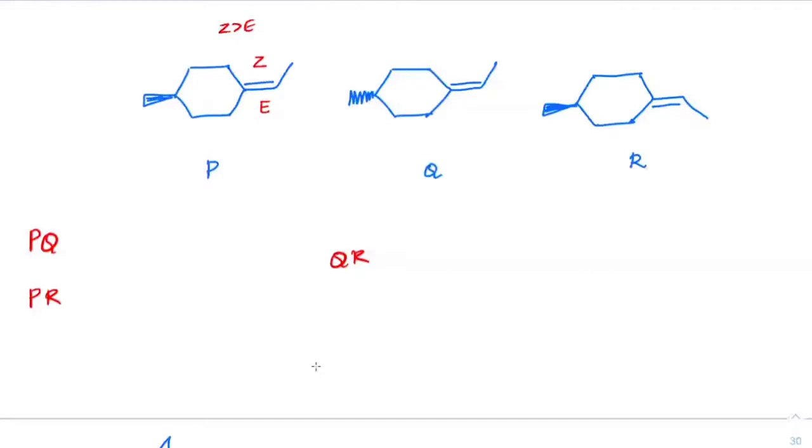Everybody got this? Remember the priority order. When you are not able to decide on the basis of the molecule, you have to check their structure, how their orientation is. If one side it is Z and one side it is E, then you have to decide on the basis of Z and E. Clear?